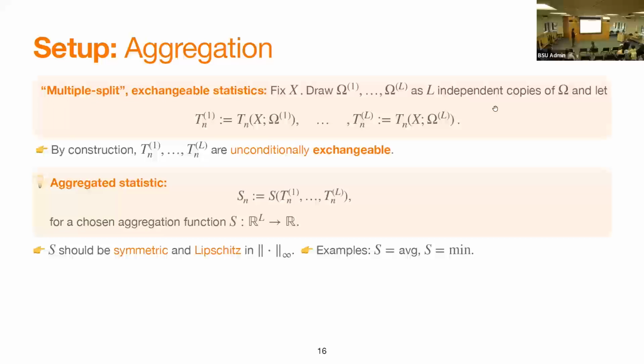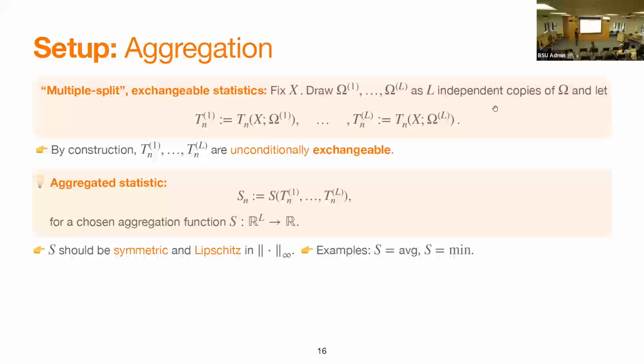So now I have this L-dimensional statistic vector. I want to aggregate them into a single number that I use for decision. The single number is constructed through the aggregation function S. Suppose you give me an S function that aggregates this L-dimensional vector to a single number, and S should be symmetric and Lipschitz. These are reasonable assumptions.